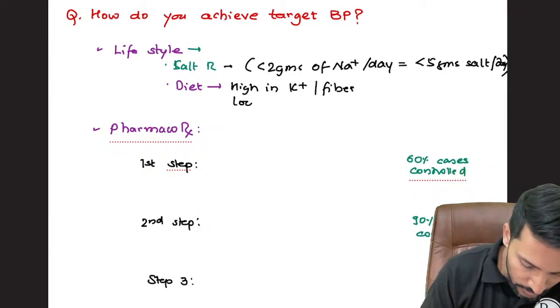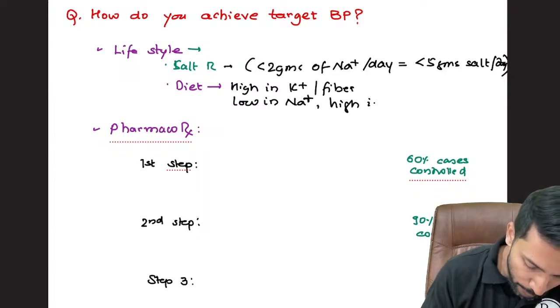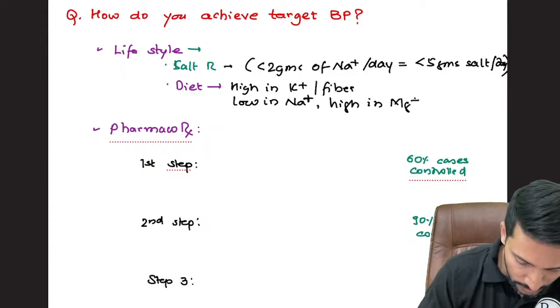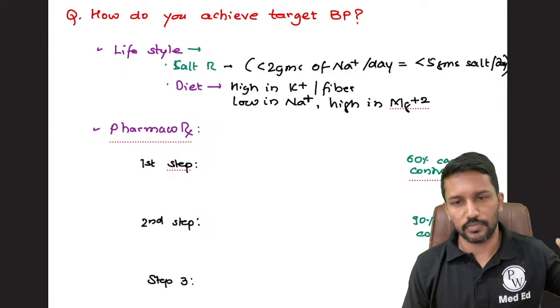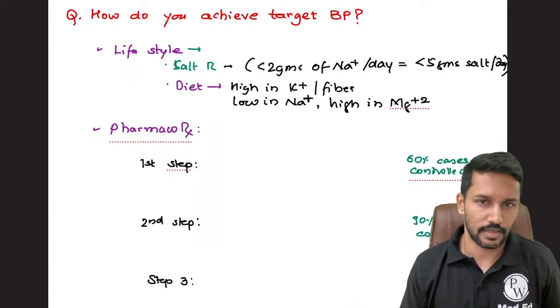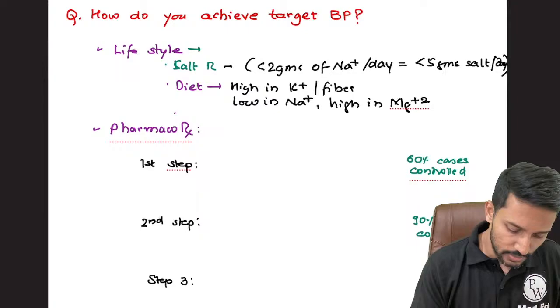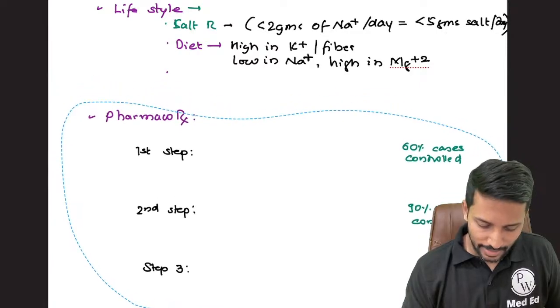And then a diet low in sodium, which we already know, and also a diet high in magnesium. Today, magnesium is an important factor for the development of hypertension because the amount of magnesium in our diet is steadily declining.